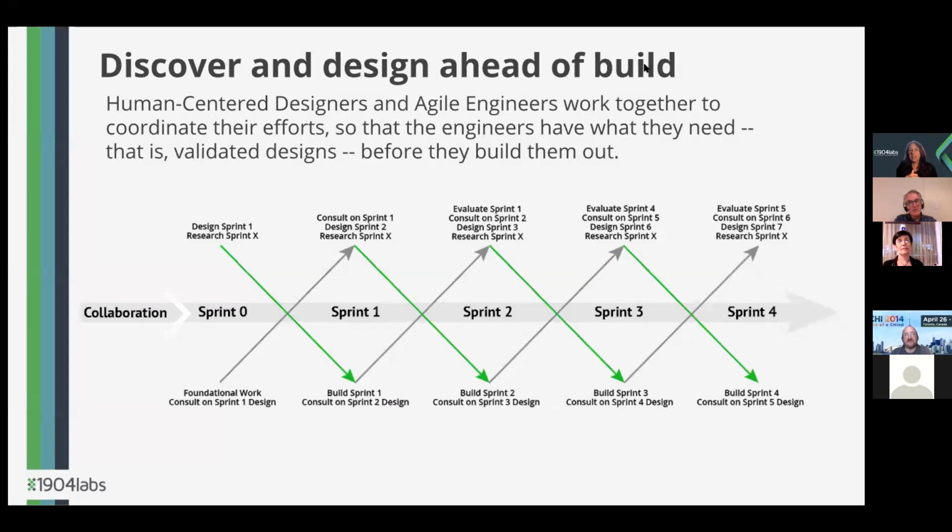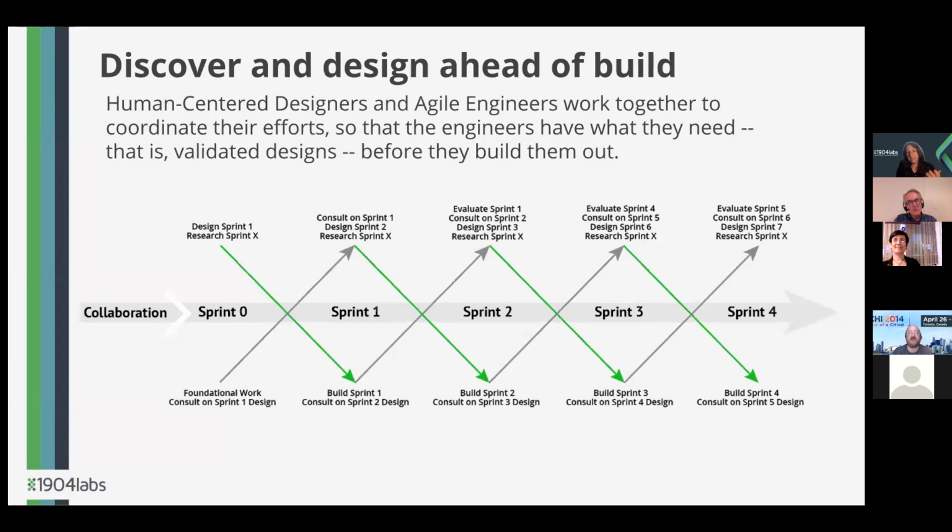One of the things that happens in human-centered design, you've all seen some variation of this as well, is that we need to be ahead of the developers with regard to our research and our design. And so we do this rolling wave sort of thing. And again, the devil is in the details, coordinating the timing of these activities so that we can create designs and do the research in time for the developers to take it up and then go ahead and build it.